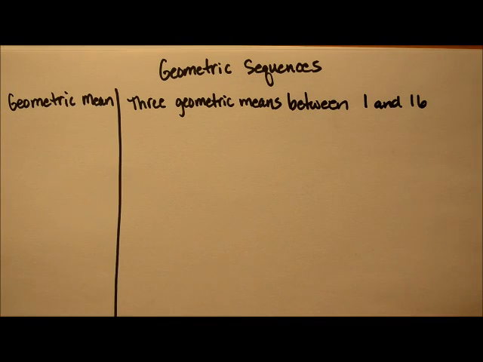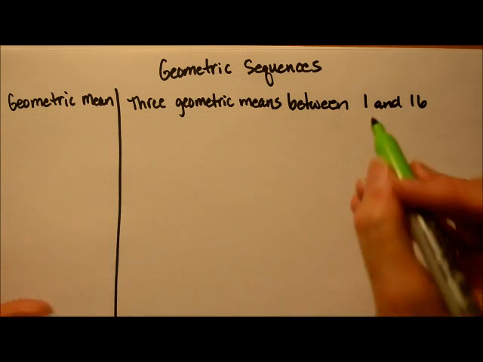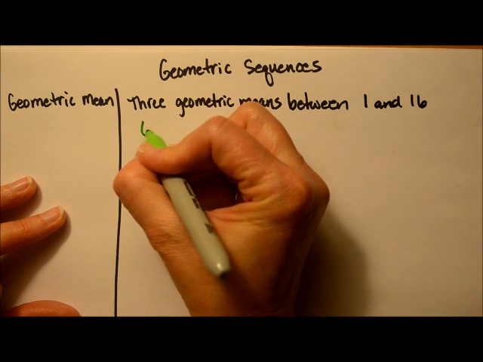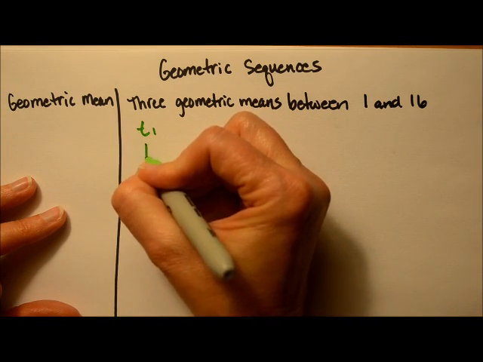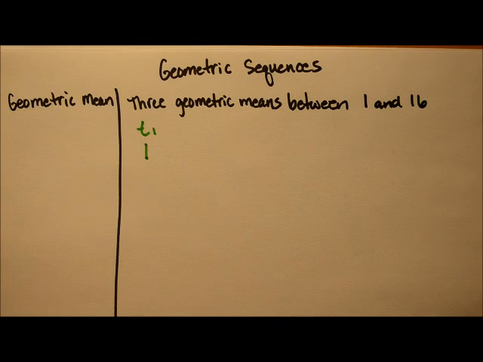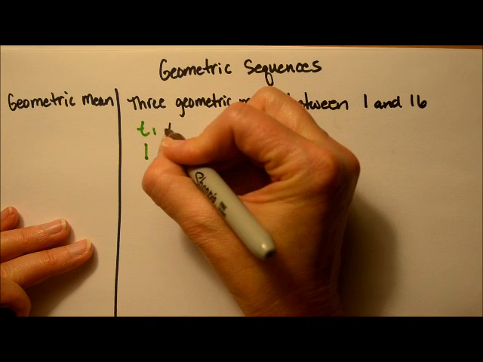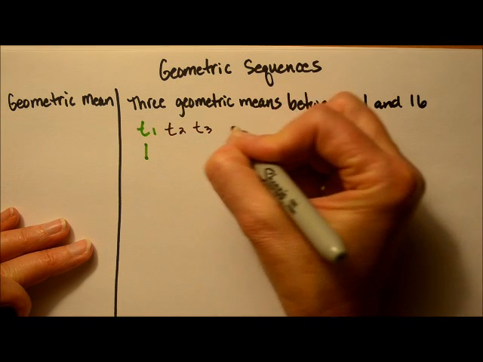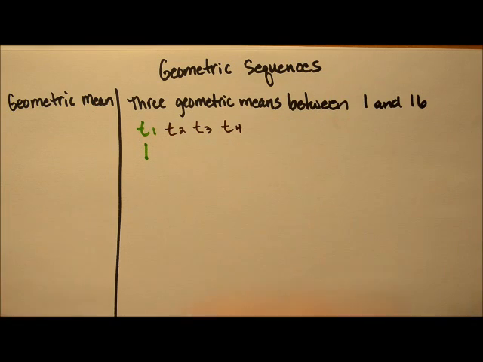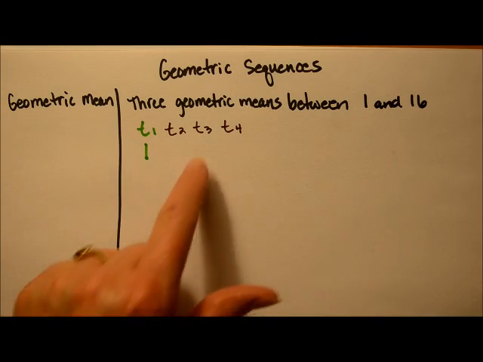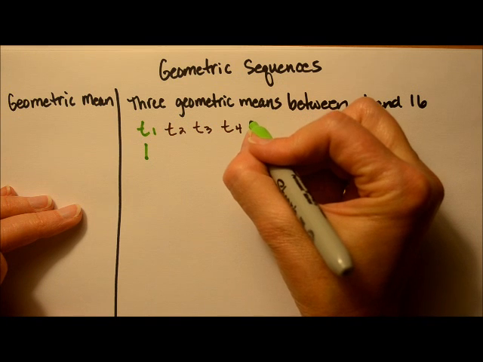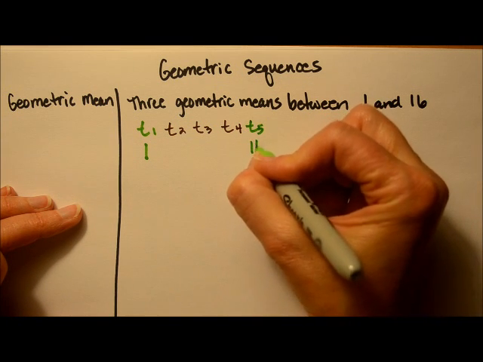Okay, so when we were doing that for the arithmetic, we said, okay, well, so we started with 1, so T1 is 1, and then you want me to put 3 geometric means between it, which means I would have T2, T3, T4. Okay, so there's my 3, and then I would have T5, and that's 16.